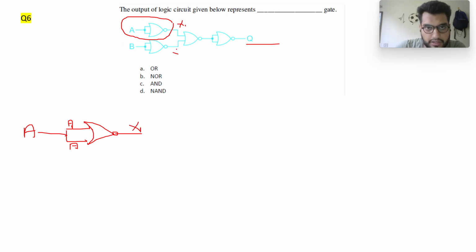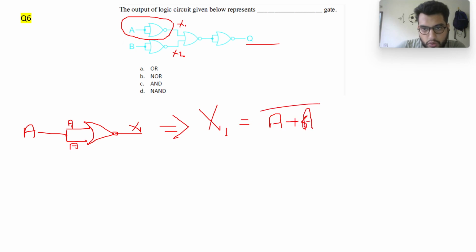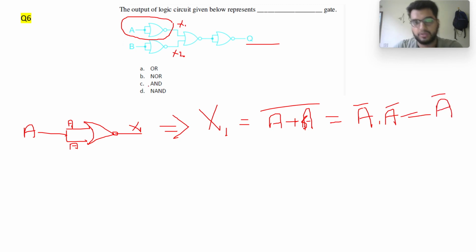Let's call these x1 and x2. So x1 is equal to (A plus A) whole complement. Using De Morgan's law, we have A complement dot A complement, and you know that A dot A is A, so it's A complement. So this is essentially a NOT gate made from a NOR gate.